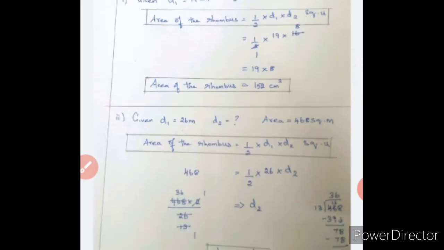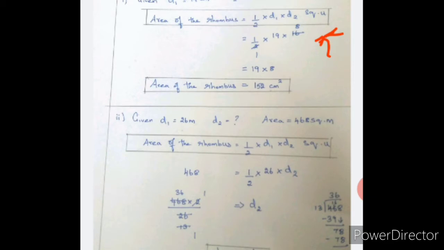Here in the given question, find the missing value. In the first subdivision, you have to find only the area of rhombus. So check what is given in the question. They have given d1 and d2. Here the given d1 is 19 centimeter and d2 is 16 centimeter. So try to solve the sum.